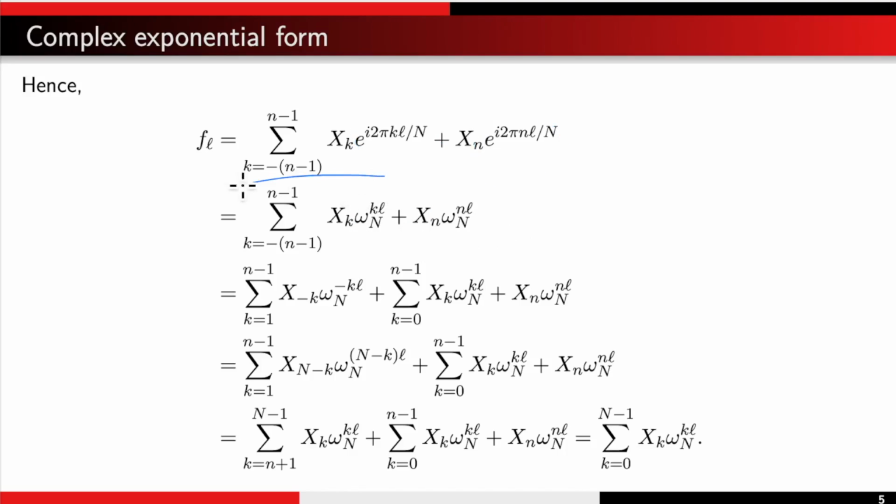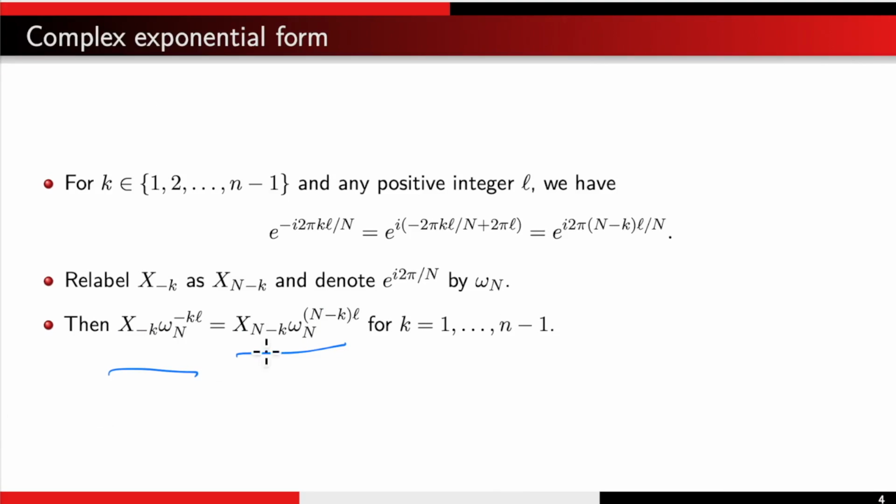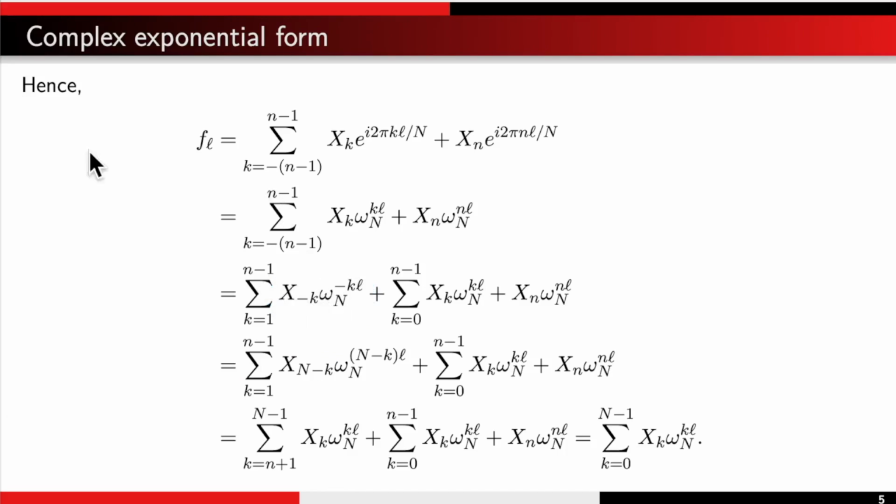And now this summation is broken down into two. One part is from 0 all the way to n minus 1. The other one is from 1 to n minus 1, and the indices are negated. And we now notice that this is what we had before. So we're going to rewrite that as this.